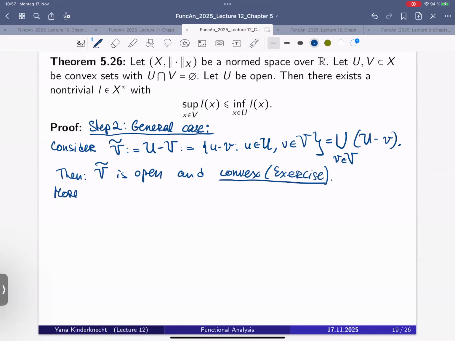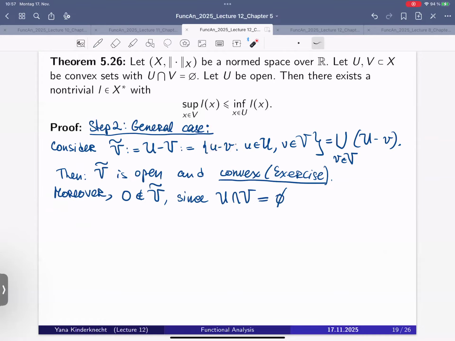Moreover, the zero element does not belong to the set W tilde, since U and V are disjoint. So in order to obtain zero, I should take a vector minus the vector itself.